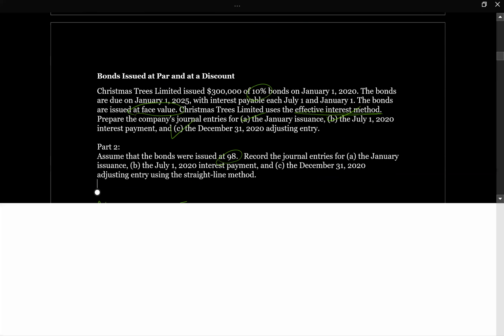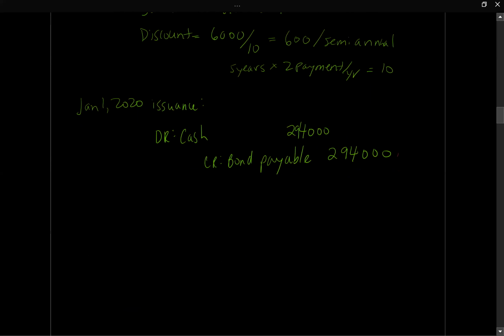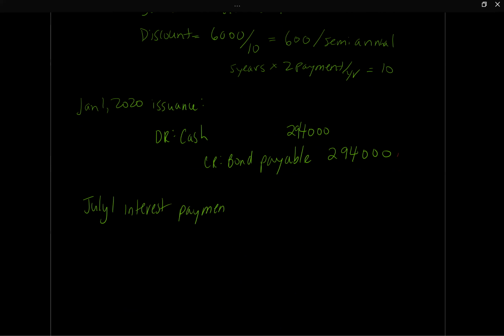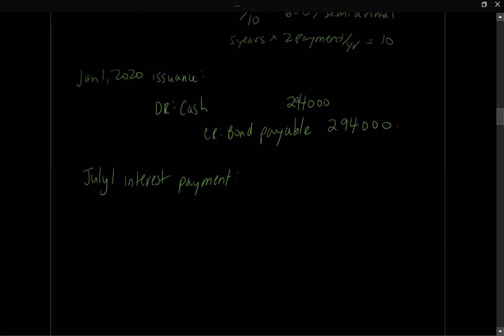Next we've got the July 1st interest payment. And now our interest payments are not only going to be remitting the cash, they're also going to be amortizing the discount on that bond. So this entry is going to be debit interest expense, just like we had before.